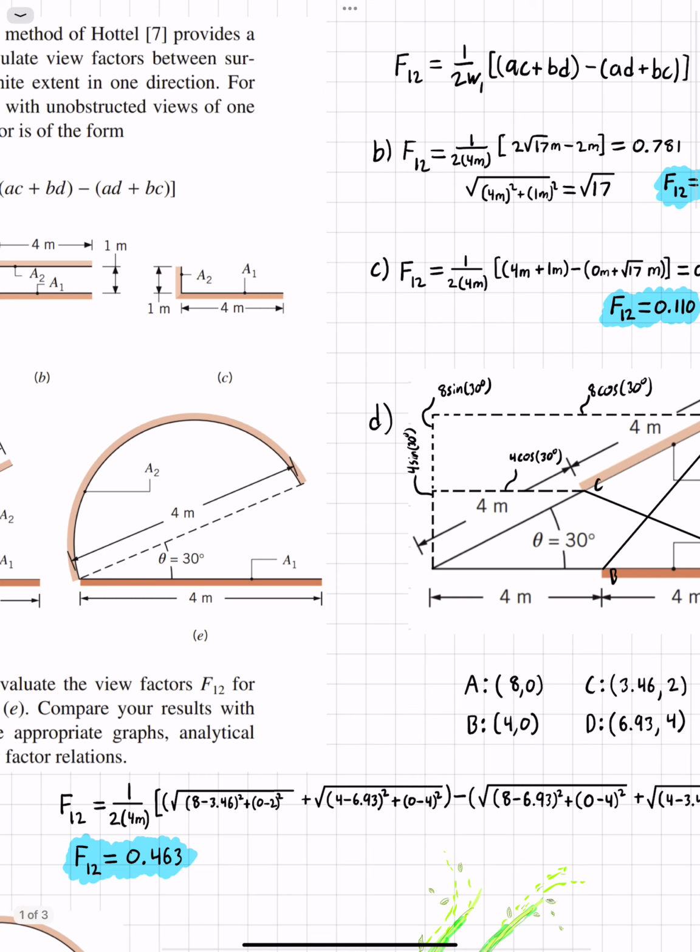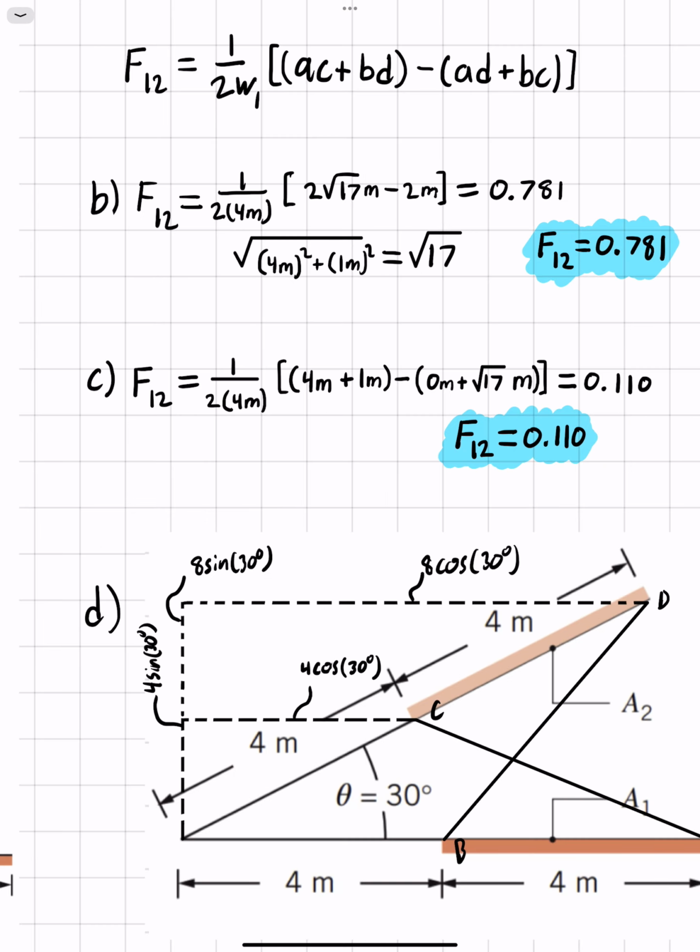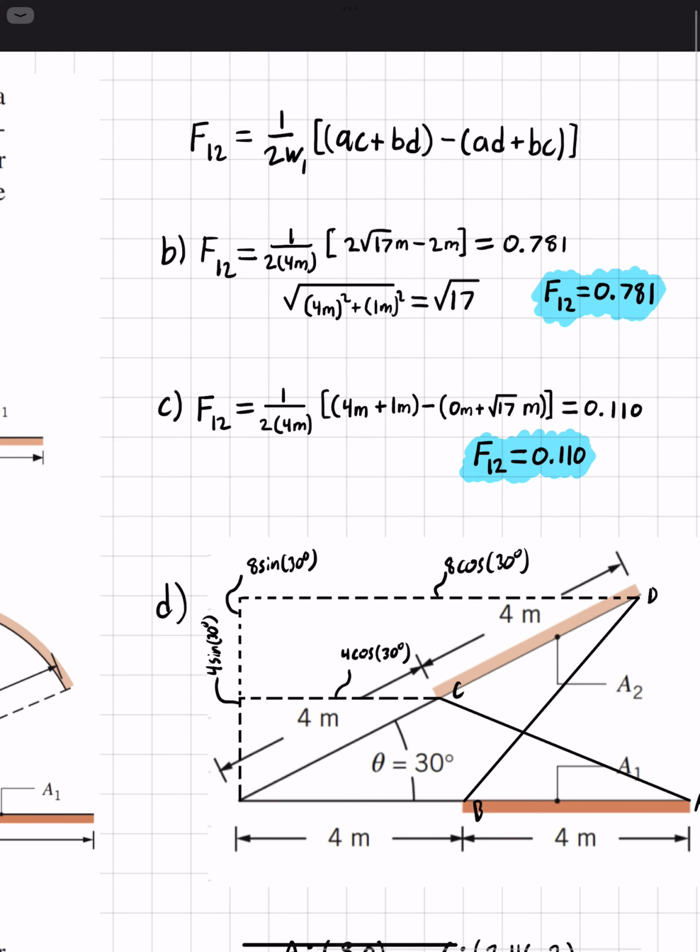So for this one, again, we're going to use the width of the bottom plate, so you're going to get 1 over 2 times 4 meters, and then you're going to multiply this by AC and BD. Because C is at the same point as B, which is in that bottom left corner, the distance AC is actually just that 4 meter width of A1, and your BD, because D is the top left corner, is going to be just that 1 meter height, so it's just going to be 4 meters plus 1 meter, which gives you 5 meters, obviously.